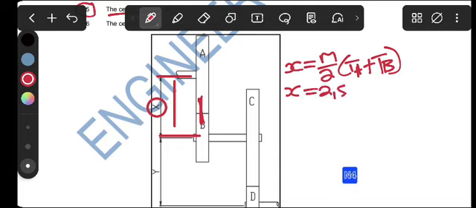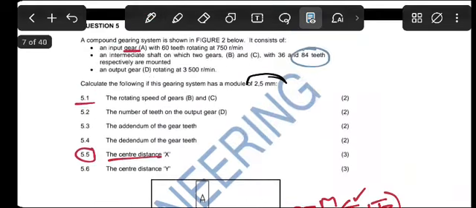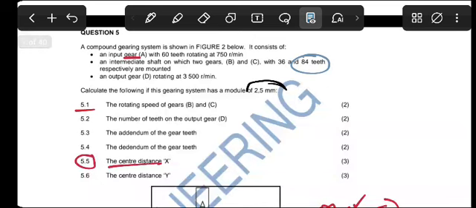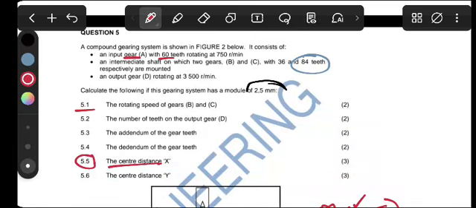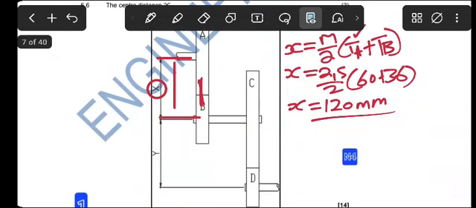We saw that the teeth of gear A was 60, plus the one of B which is 36. So what will this be? If we punch accurately, this will give us 120 millimeter. That is the center distance, right? As you can see, guys, A has 60, B has 36 teeth. We are done with that.